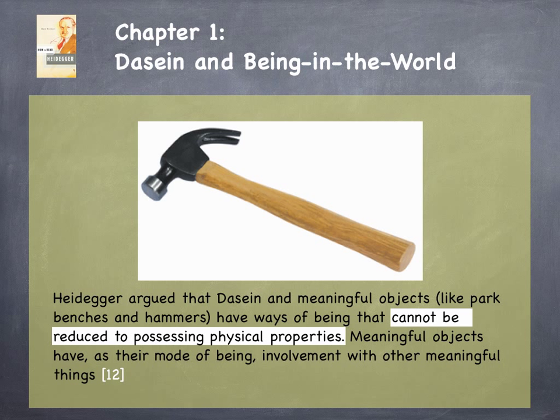Interesting. Why not? What is its way of being, then? Well, Rothel tells us here, the answer simply is its way of being is involvement with other meaningful things. So a hammer is what it is because of its relationship to other things, like what?